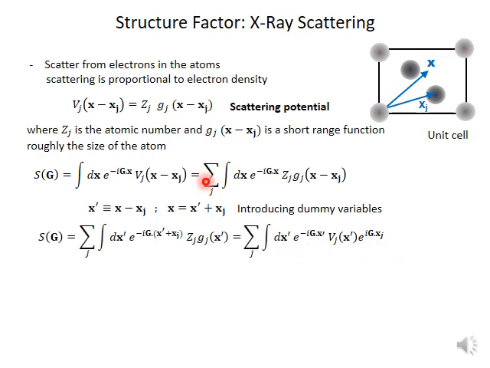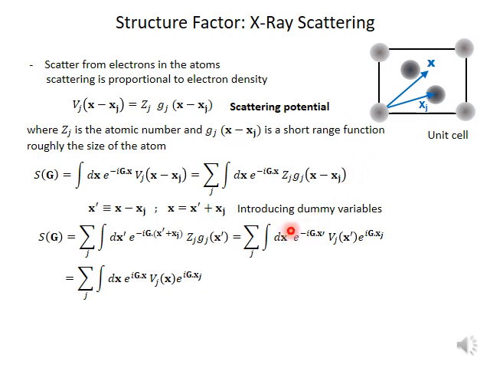So to bring this integral into the same form as we had for the neutron scattering, we can now write it in this form. Just to let you know that you now have an integration in x prime, so it would simply mean that you are defining your reference point not at this location, but maybe another location within the unit cell.